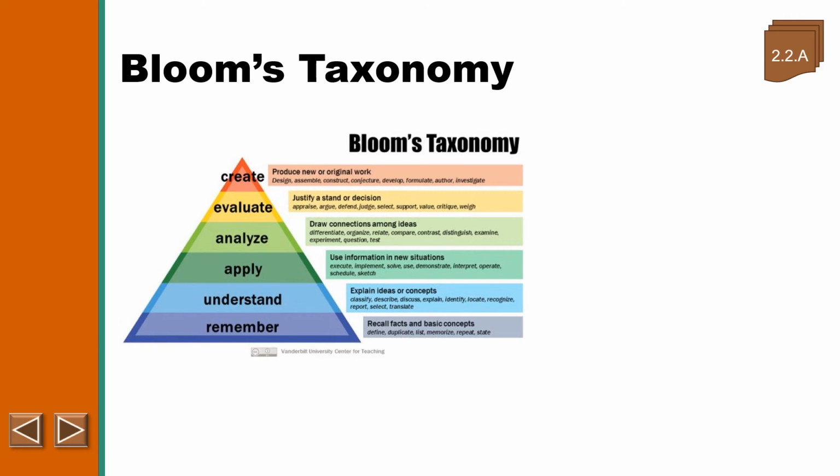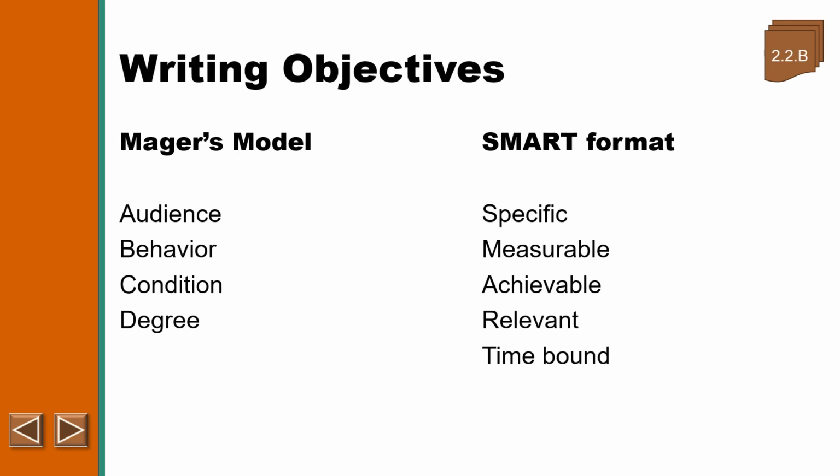One of the most useful ways that I have seen to use Bloom's taxonomy, from the lower level at Remember up to the highest level of Create, is the verbs that help identify the behavior at the different levels. So for example, in writing an objective, the students might be expected to describe, or they might be expected to solve, or to demonstrate. And that's one way to use Bloom's taxonomy, actually putting it down into words.